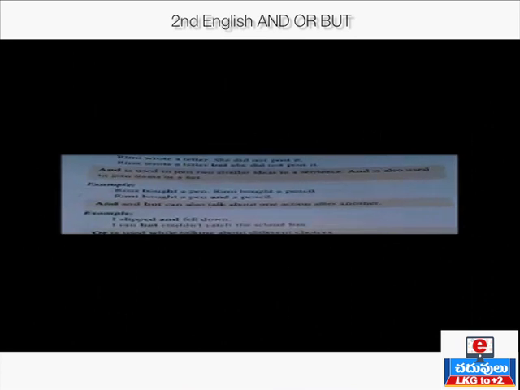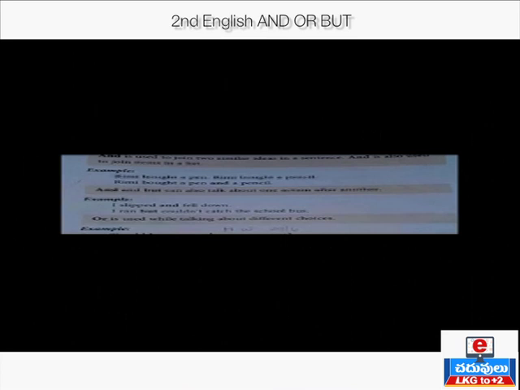But and can also talk about one action after another. Which words can talk about one action after another? But and. And and but can also talk about one action after another. We'll see now. Here one more example is there. I slipped and fell down. And the next one is I ran but couldn't catch the school bus.